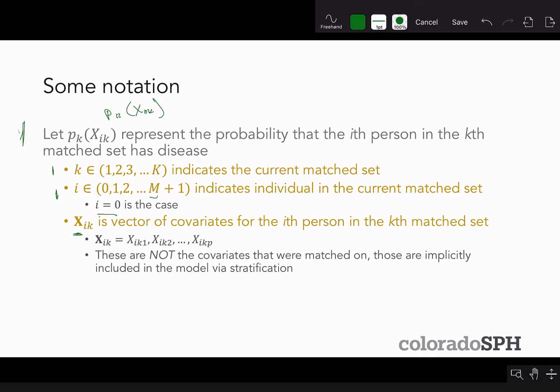That's because x_ik is a vector of covariates for the ith person in the kth matched set, where you could write that vector x_ik1, x_ik2, all the way up to x_ikp if you have p covariates. And these x_ik are not the covariates that we matched on. Those are implicitly included in the model via the stratification on variable k. These are the other covariates that you'll be interested in studying.